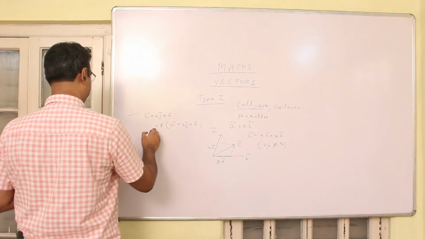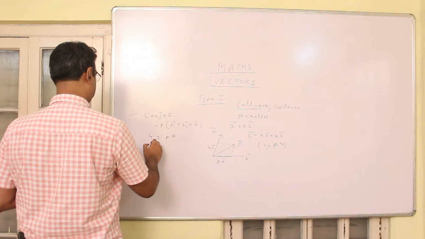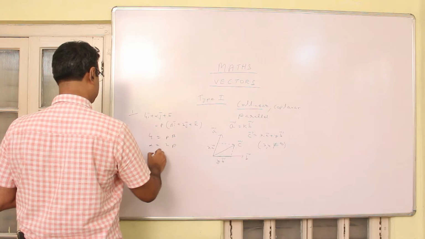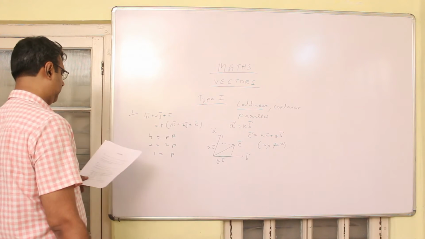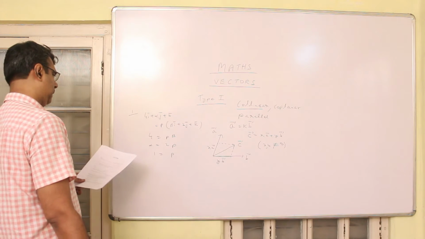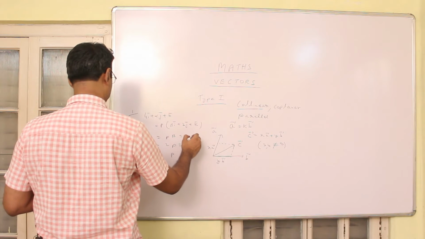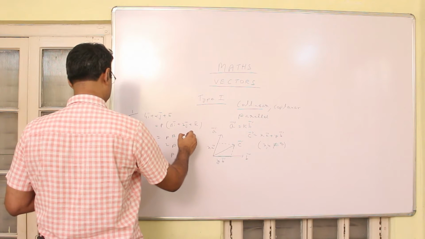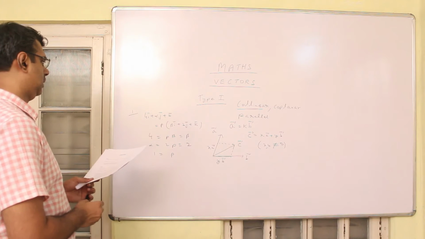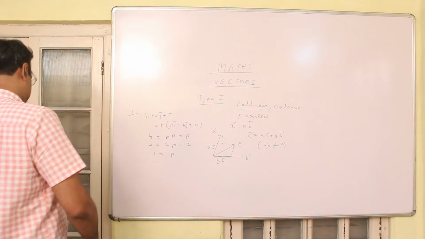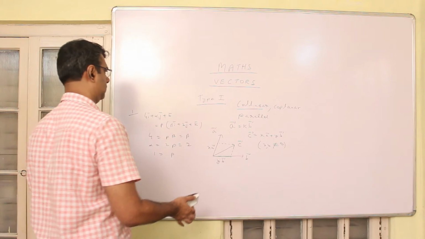So if you compare both sides, then you will get these three equations: 4 equal to p beta, alpha equal to 2p, p equal to 1. So basically alpha will be 2 and beta will be 4. So the answer of question number 1: alpha is equal to 2, beta is equal to 4.